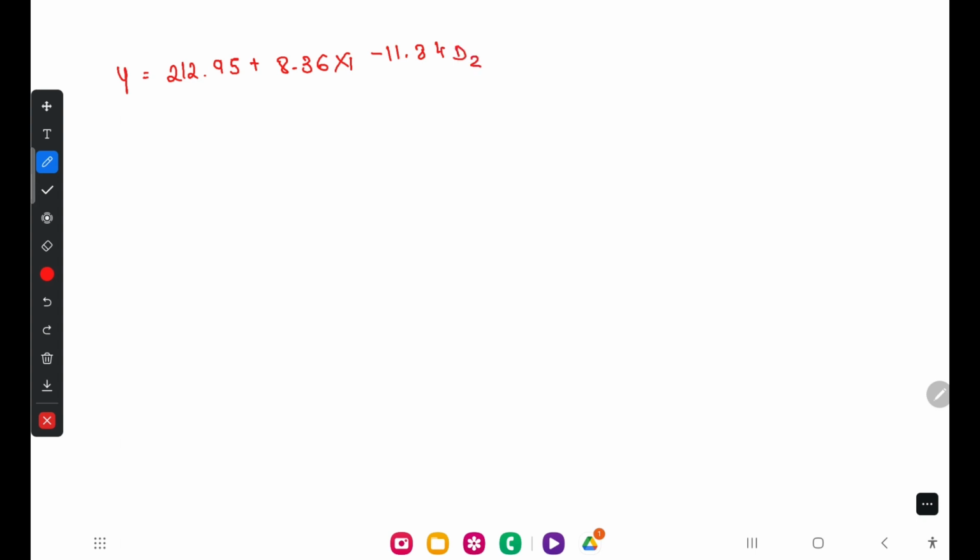I'm writing d over here to show that's a dummy variable. X, d and all are independent variables. To differentiate, I'm just writing d. And plus 9.52 x1 into d2.